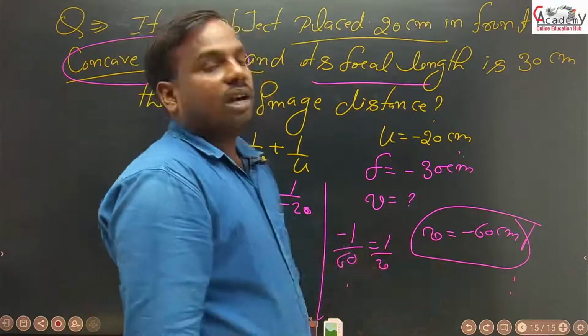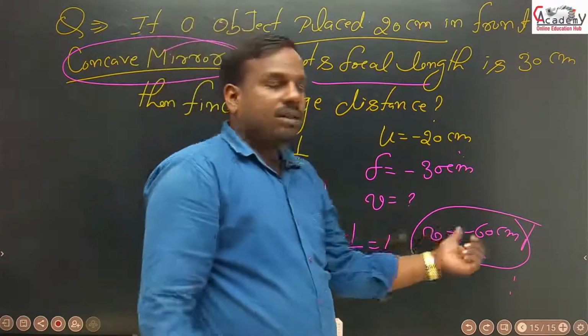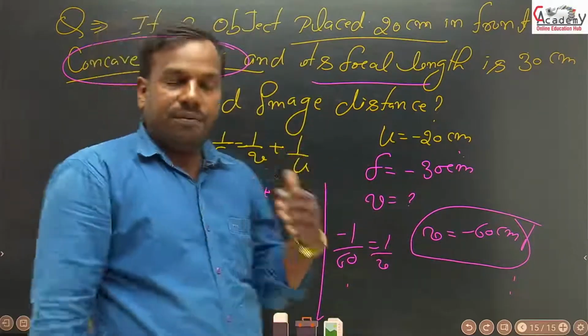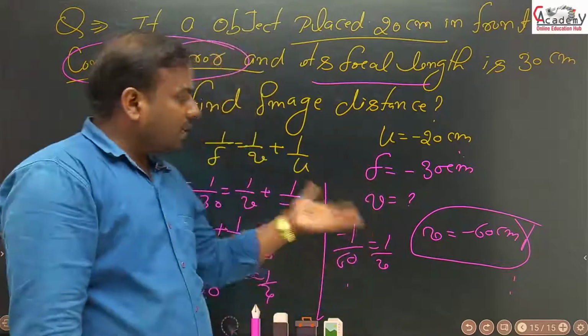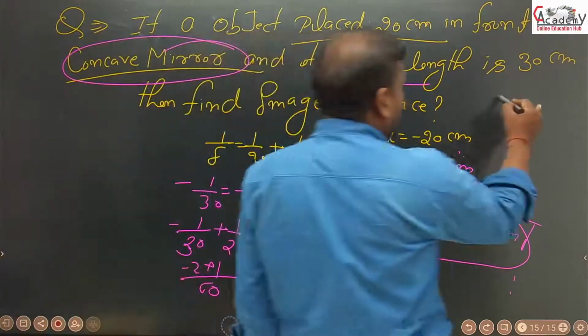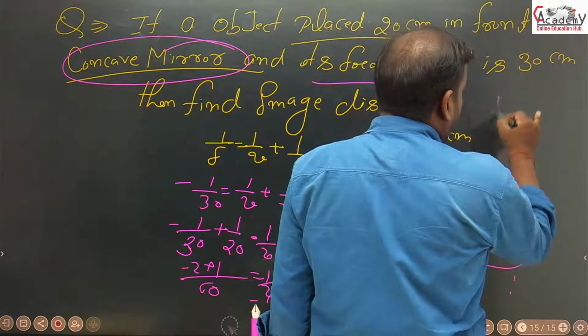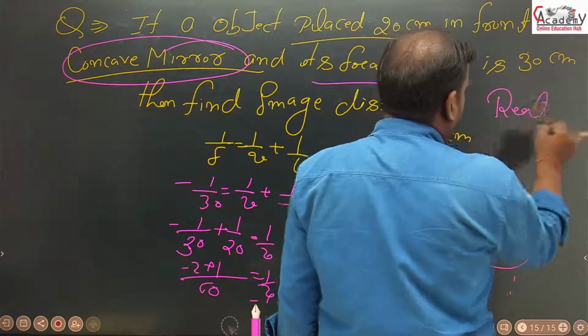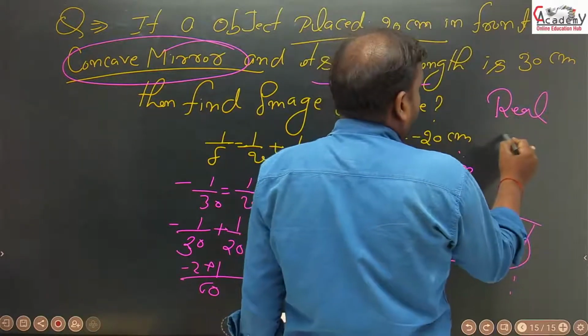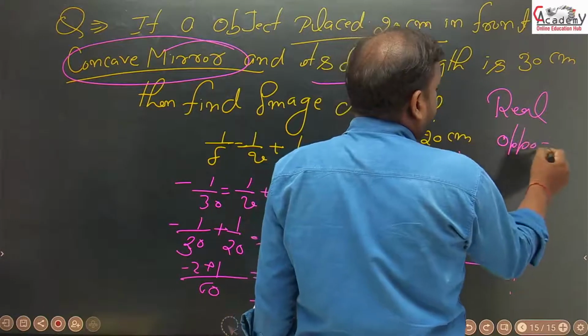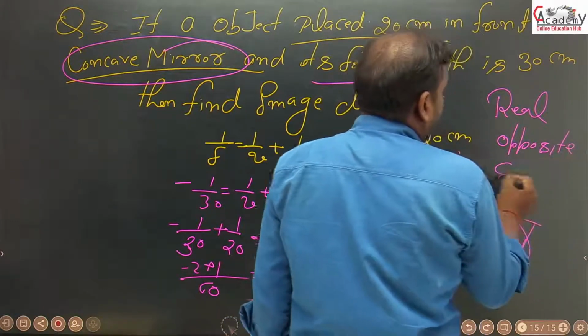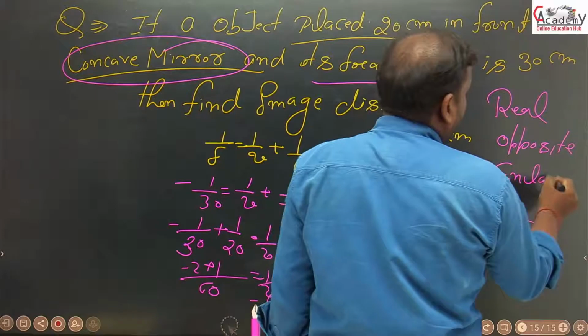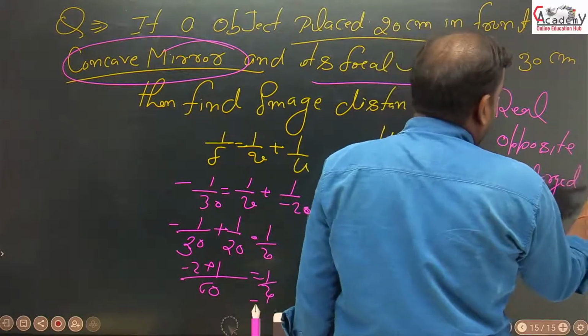And what is the nature of the image? If we get the image in front of the concave mirror, is it virtual or real? It is real, vertically opposite, and enlarged.